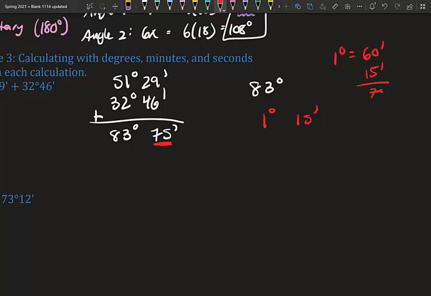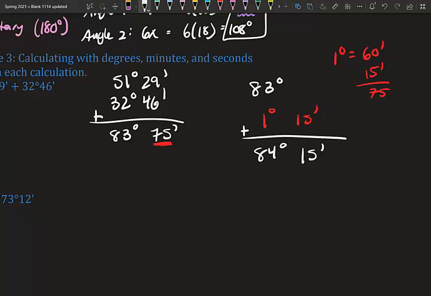That's what gives us the 75. So 75 minutes is 1 degree, 15 minutes. And now we can go ahead and add them. So we have 15 minutes, and 83 degrees plus 1 degree, we get 84 degrees.